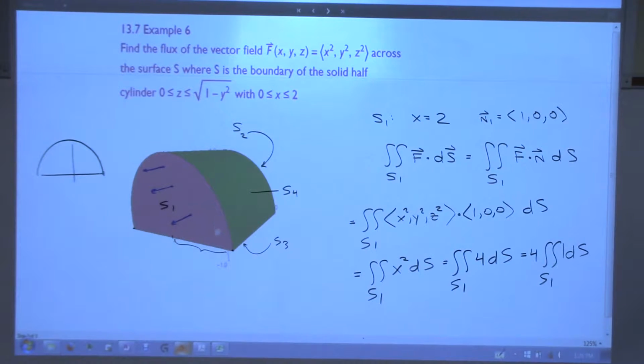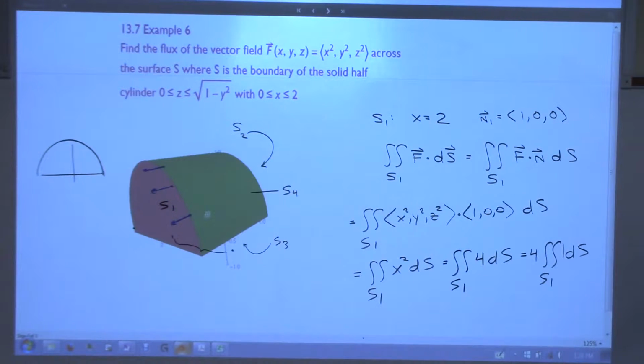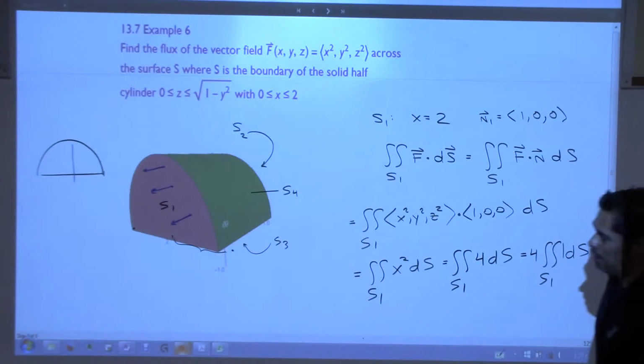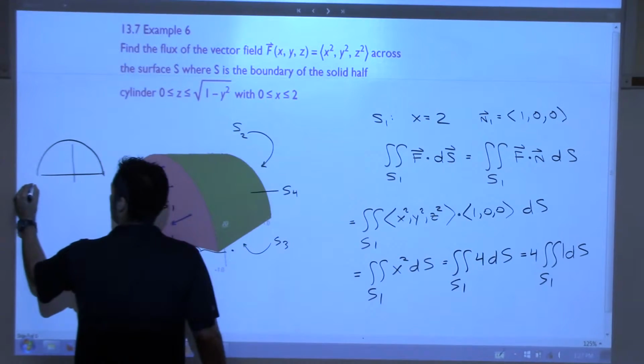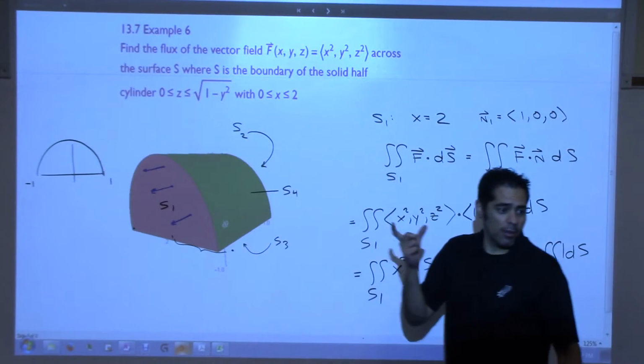I could turn it. I'm going to mess up all my stuff, though. Turn it that way, you can kind of see it a little bit. All right, so negative 1, 1, and that's my y value. But it doesn't matter. We know that the radius is 1.